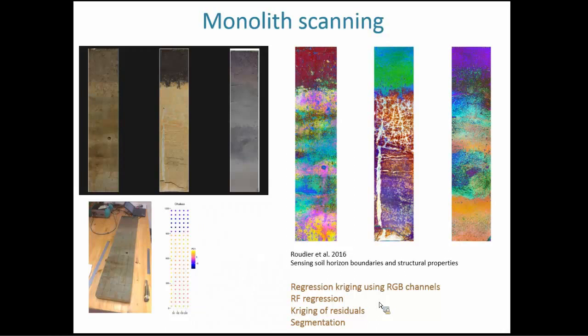So they used the RGB space, and then the kriging of the result, and then a segmentation that showed essentially the massive variation within each of the horizons. So these were the 3 profiles. All of them were podzols, if I'm correct, but this one at least was a podzol. So you see this massive variation that occurs within the horizon, and then they work on that segmentation to obtain the horizons.